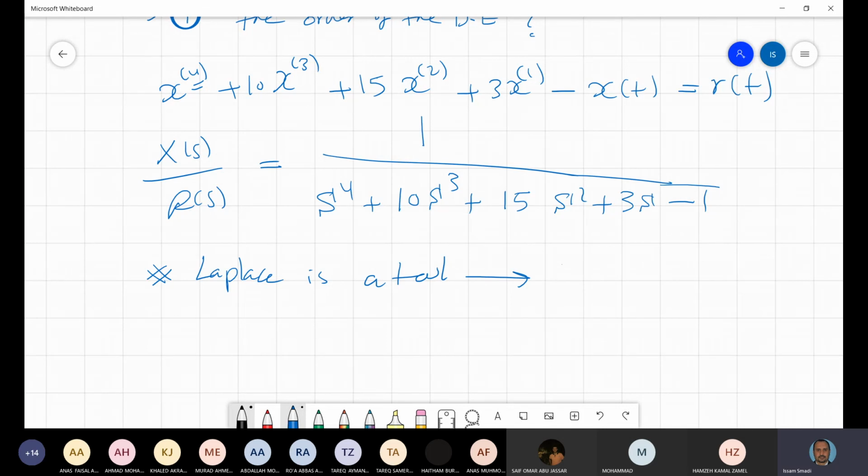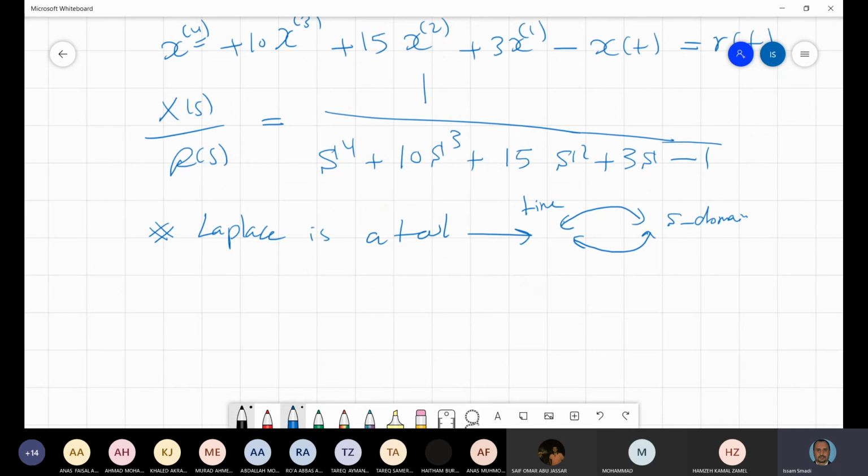I need you to understand how to go from time domain to the S domain, and how to return back from the S domain to the time domain. Why is it very important to return back to the time domain? Because in the end of the day, I need to find the solution x(t). This is my solution in time domain.